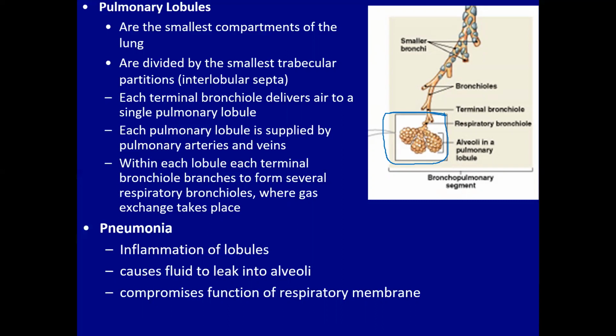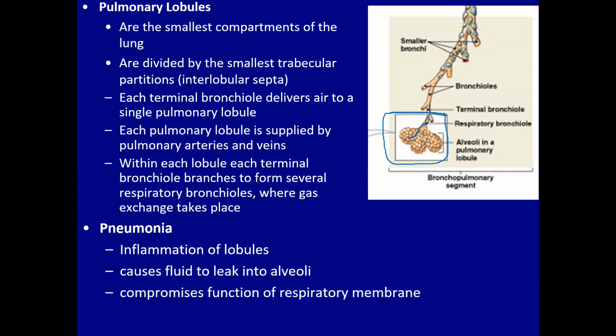Within each lobule, each terminal bronchiole, which is one of these, is going to branch to form respiratory bronchioles that you can see right here. Those respiratory bronchioles allow for gas exchange to take place, not within the alveoli, but because of the alveoli.